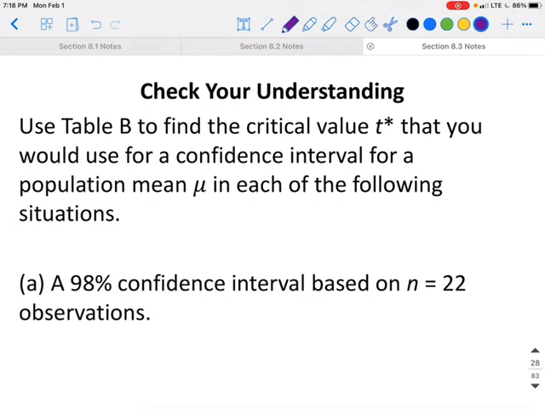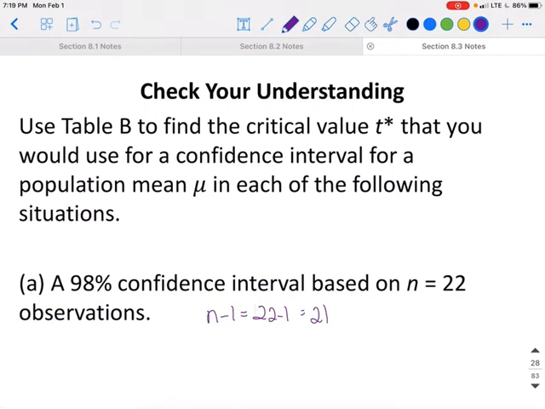But using table B, find the critical value that you would use for the confidence interval for a population mean mu in each of the following situations. First, a 98% confidence interval based on a sample size of 22 observations. Because our n value is 22, you would look up a degrees of freedom of 21, because degrees of freedom is n minus 1, which is 22 minus 1, or 21.